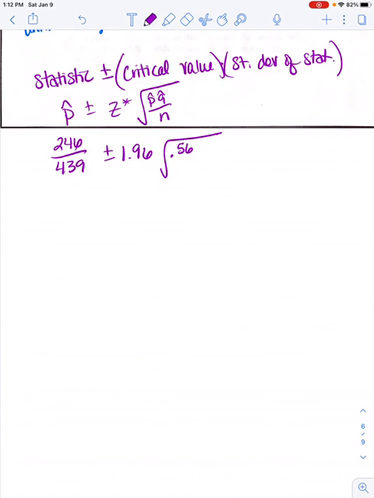As a decimal, that P hat is 0.56. So this is a 0.44 over 439. I go to my handy dandy calculator. I type this in. I start with the minus. I type this in one swoop, and I got 0.514. And then I change it to a plus line, and I get 0.607. So there's my interval, okay?